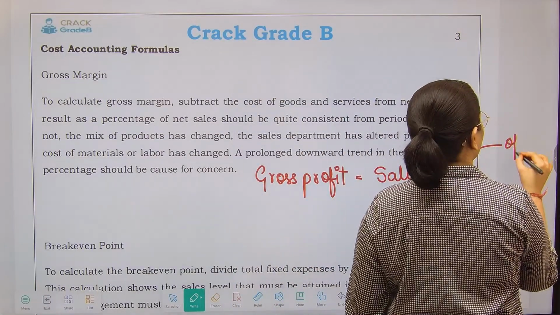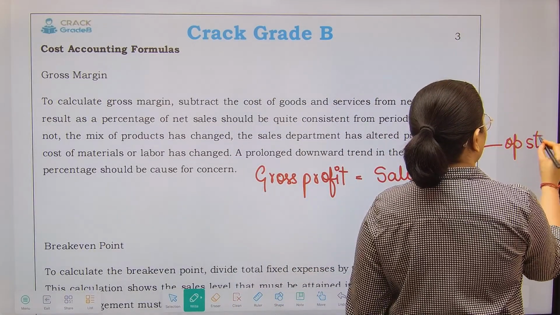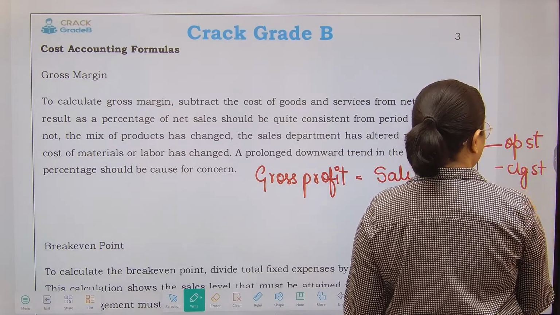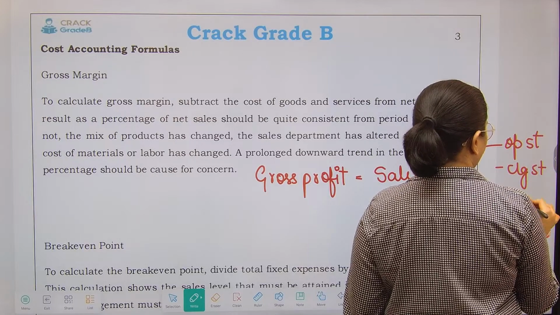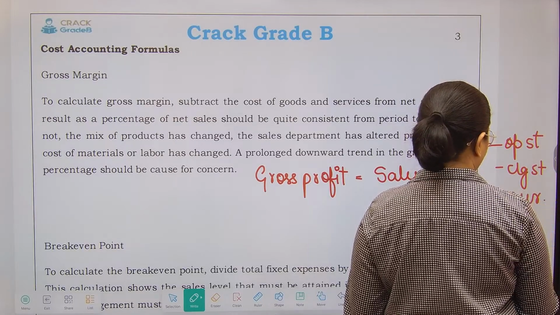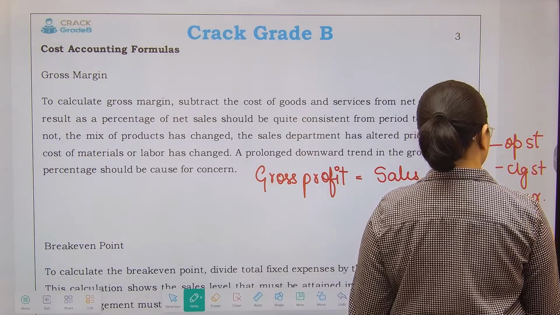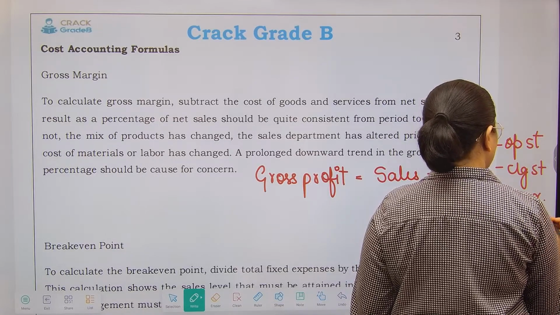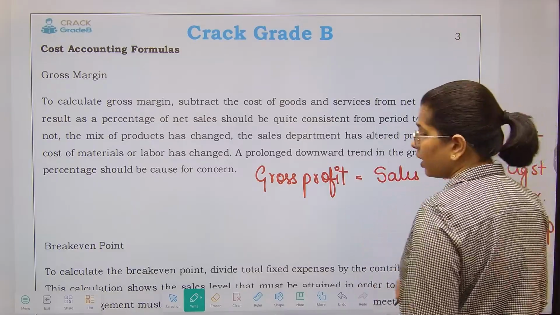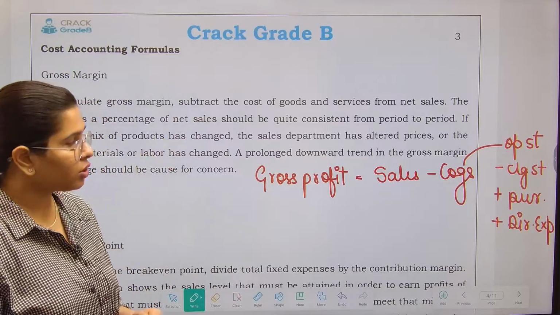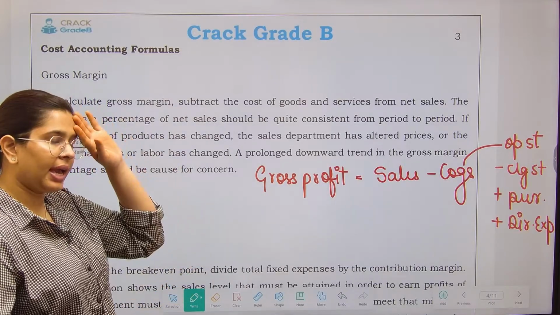What has been your opening stock? Less closing stock plus purchases, means purchase of material etc., plus direct expenses. Direct expenses means which are directly related to the production of the goods. ठीक है? So this is how your gross profit will be calculated.